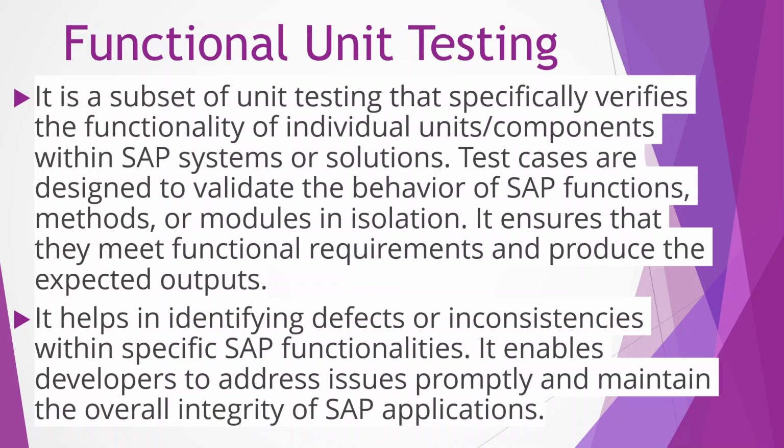So one T code we are picking up and we are doing testing and checking whether it is producing the expected results or outputs or not. We can run the report and see whether it is generating the right kind of reports or not. It helps in identifying the defects or inconsistencies with specific SAP functionalities. It enables developers to address the issues promptly and maintain the overall integrity of SAP applications.